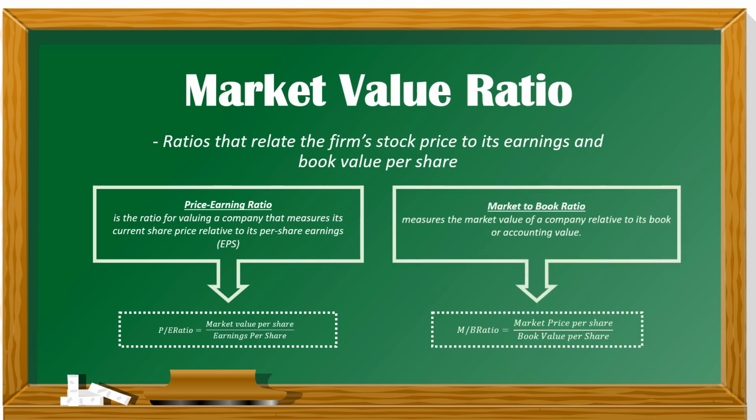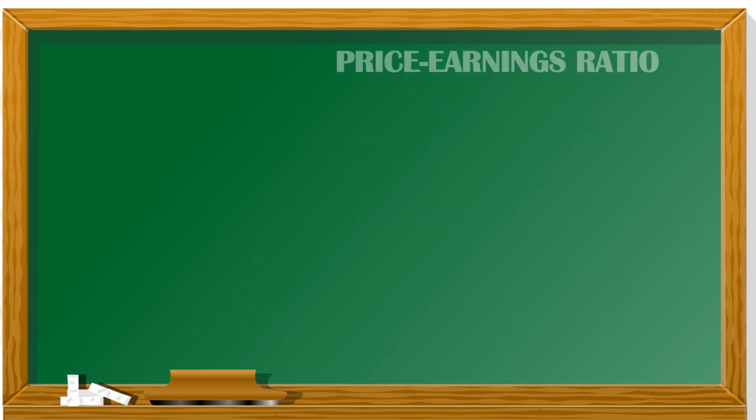We also have here the market to book value, which measures the market value of a company relative to its book or accounting value. The equation for this is market price per share divided by its book value per share.